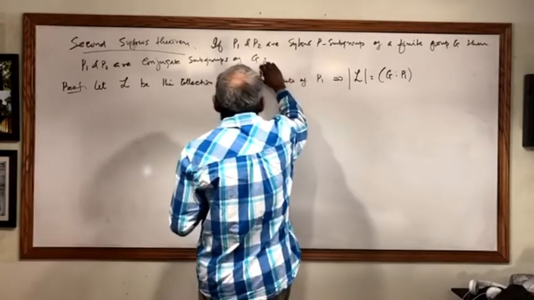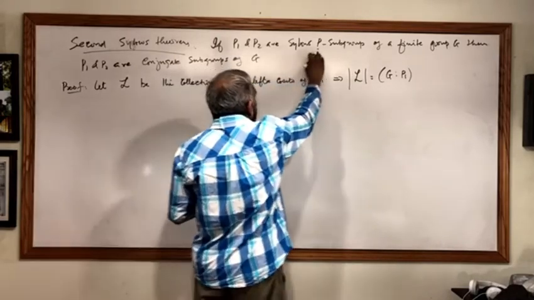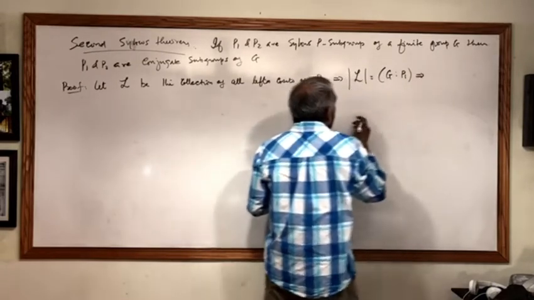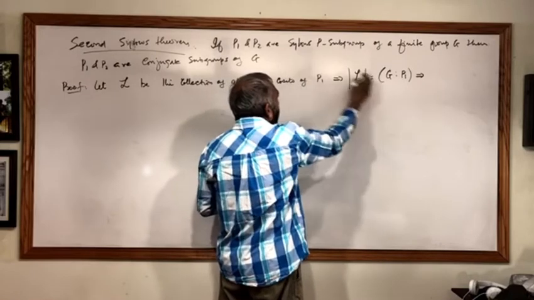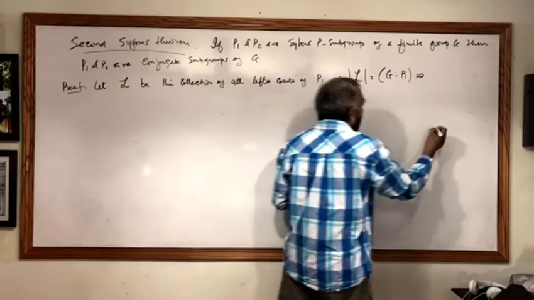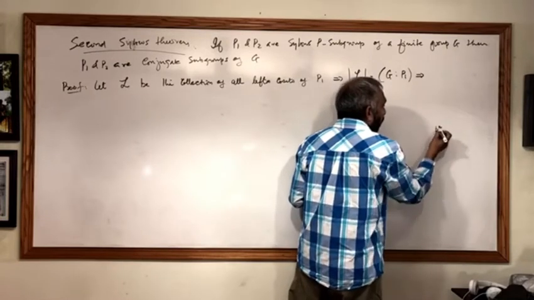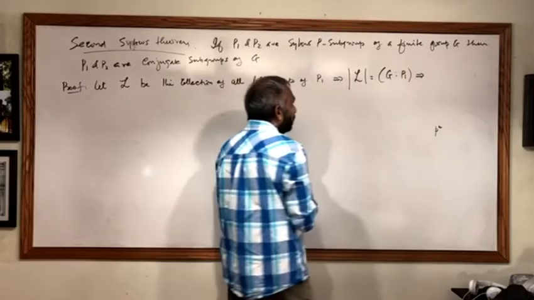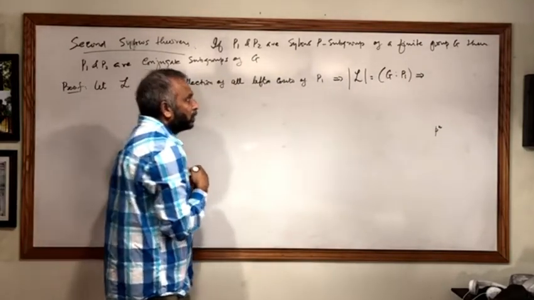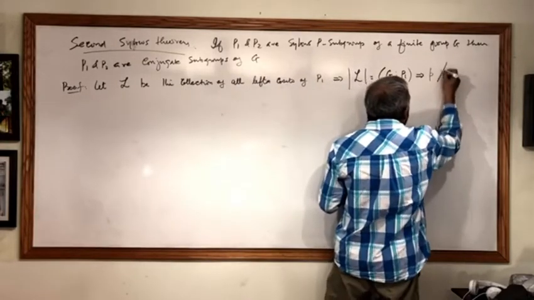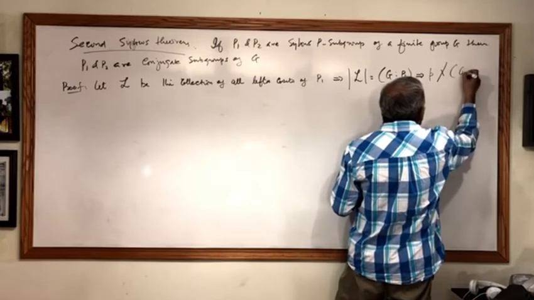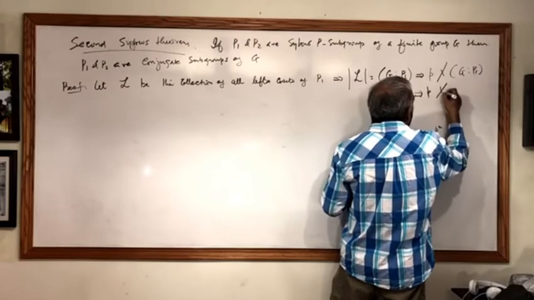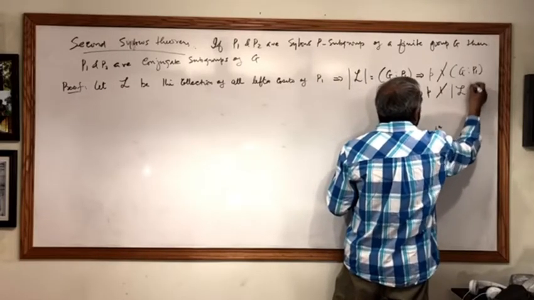P1 is a Sylow p subgroup, and that means the order of P1 is equal to p to the power of n, where n is the largest integer such that p to the power of n divides the order of G. So that implies p does not divide the order of G over the order of P1, and that implies p does not divide the size of the collection.